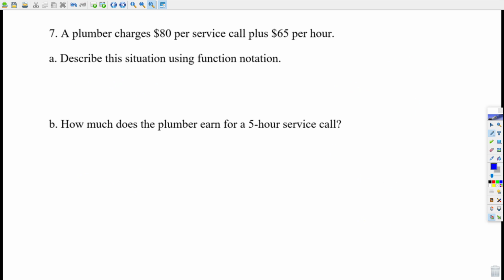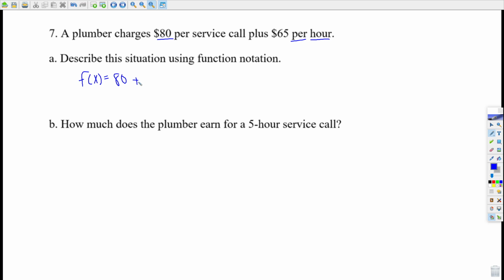The last problem I want to go over, the last one on here, is number 7. A plumber charges $80 per service call plus $65 per hour. Describe this situation using function notation. Let's pick something; a pretty common one is f of x. F of x equals, well, let's see what's changing. $80 per service call, so you're starting out at $80, plus, this is like the one we did with the chart, when we talked about Logan and his iPod adding songs.